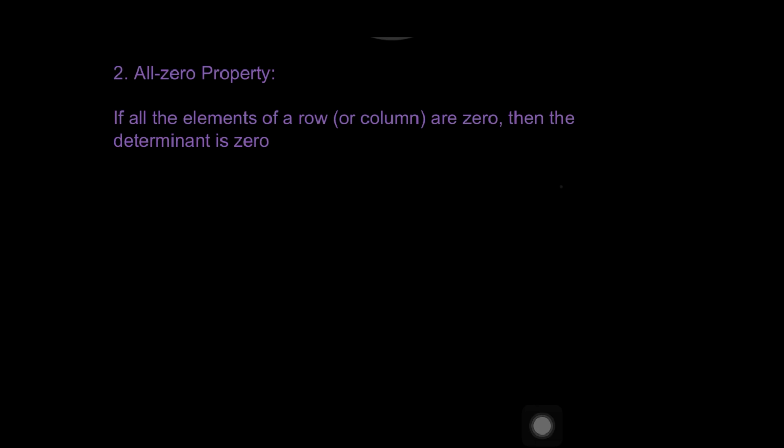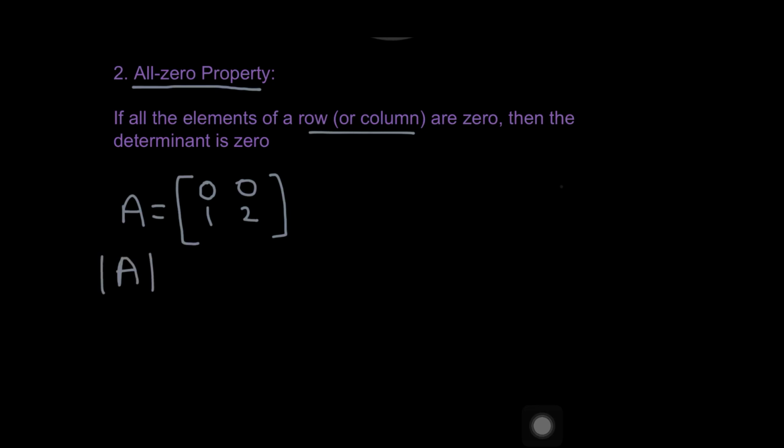Let's see the next property, that is the all zero property. If all the elements of a row or a column are 0, then the determinant is 0. It's very simple. If any row of any matrix A is 0, then the determinant of A will be 0.